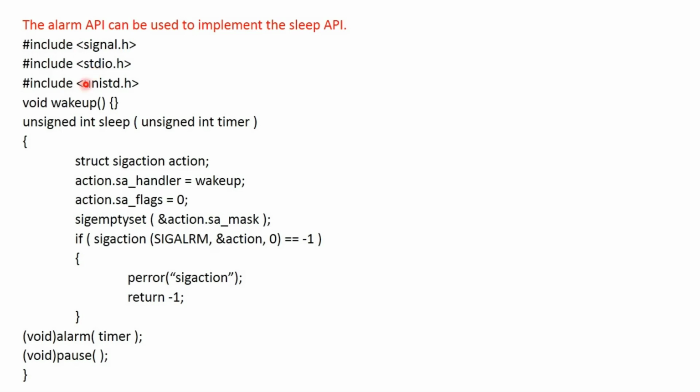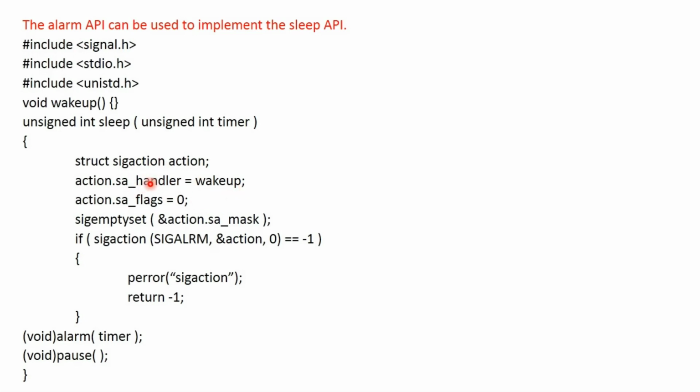First you need to define all the header files, and here we define one user defined function to handle the signal generated, that is wake up, and then we implement the sleep API. Under this method, the first statement declares a structure sigaction, which has three values: signal, SA_HANDLER, SA_FLAG.